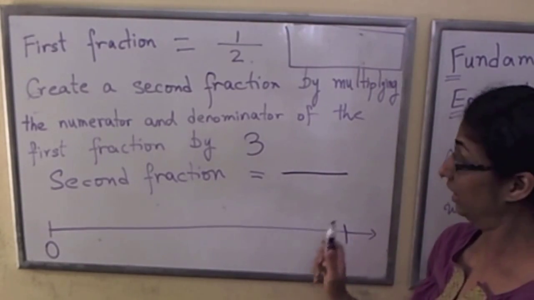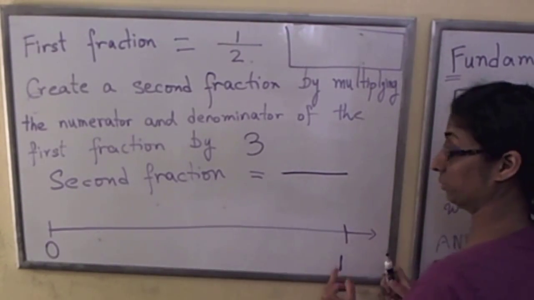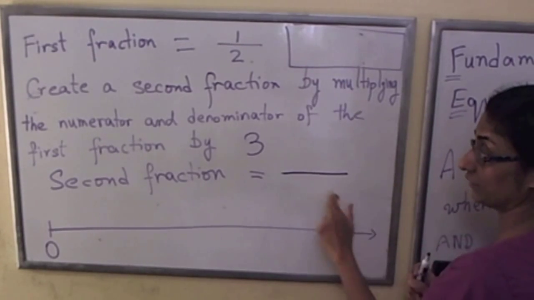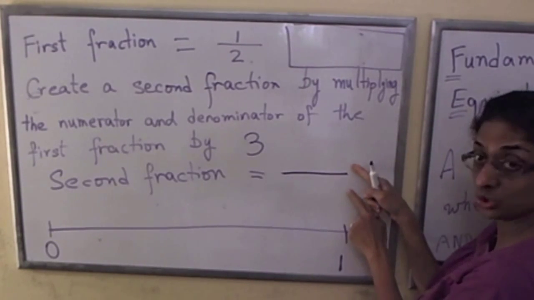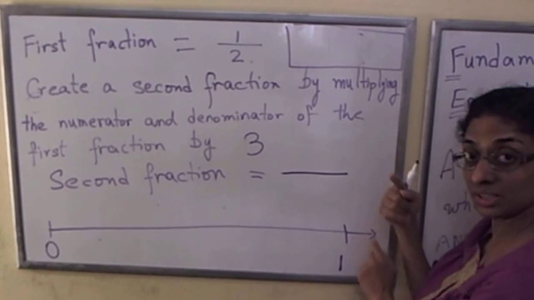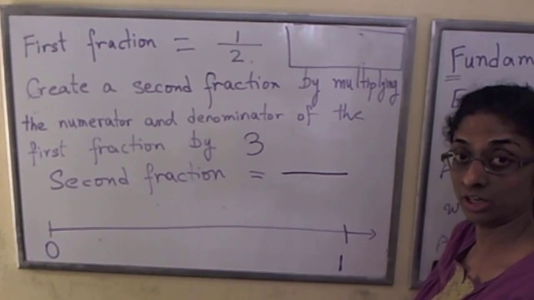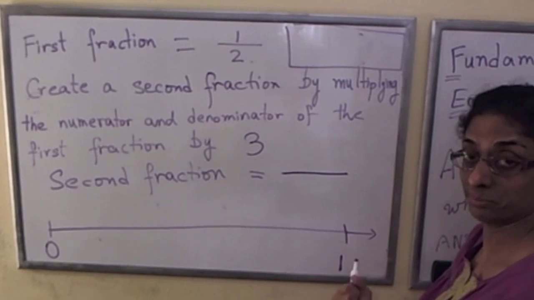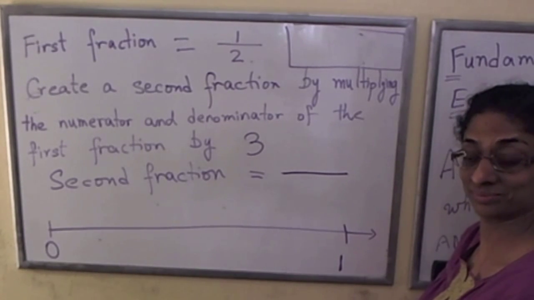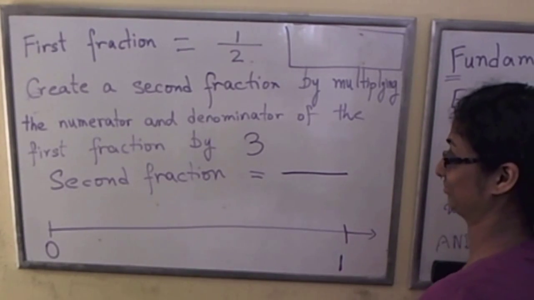Write that down and then plot on the number line both 1/2 and also this new fraction that you get. So do that as an activity on your number line, and then we'll come back and discuss what that is.